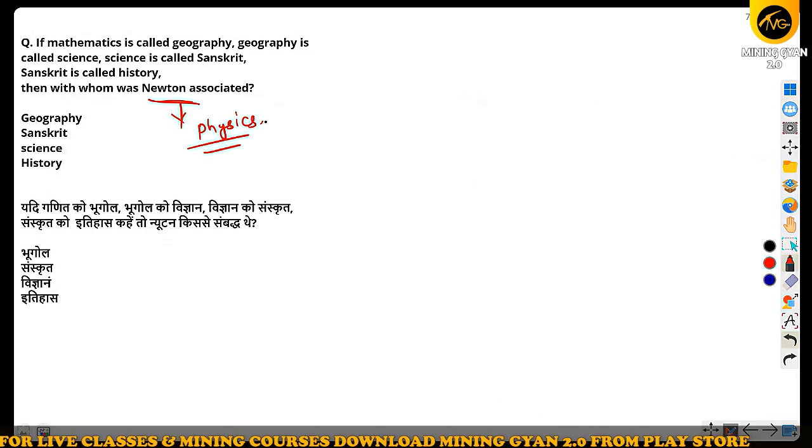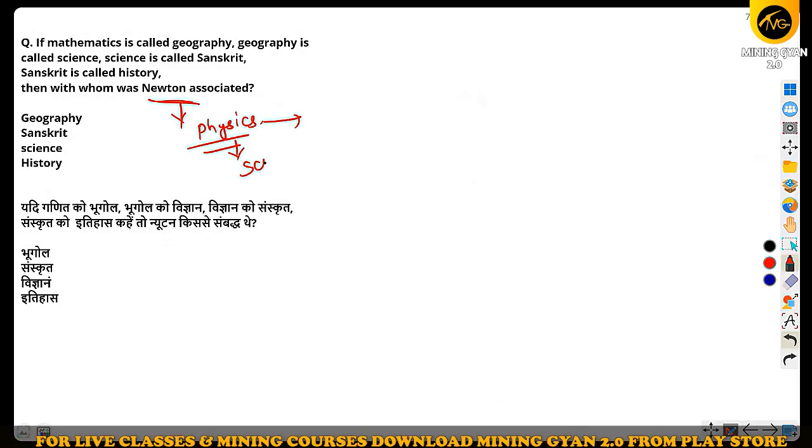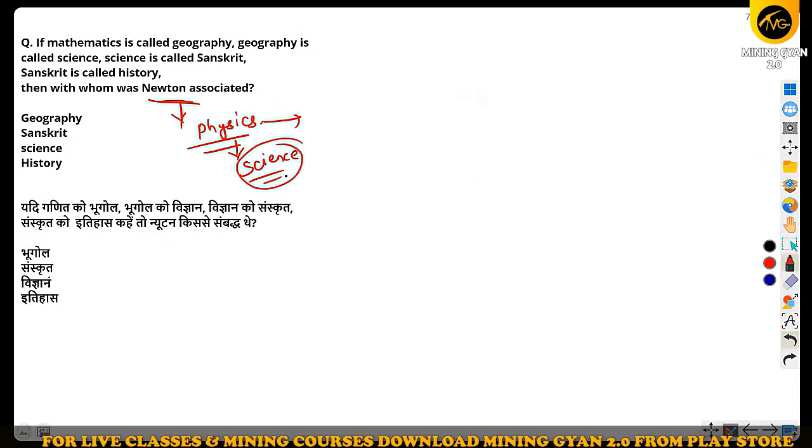Now find out what physics is called in the question. Physics is part of science. In the question there is no physics, so physics is related to science, and science is called Sanskrit, so the answer will be Sanskrit.